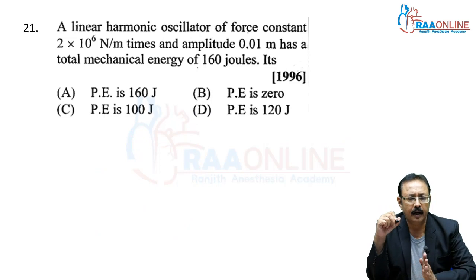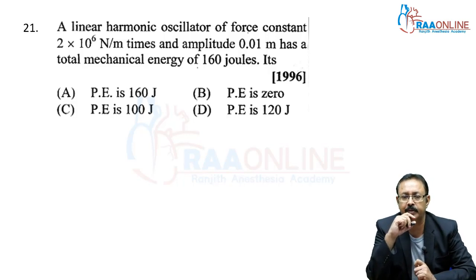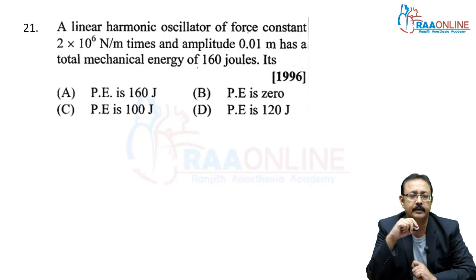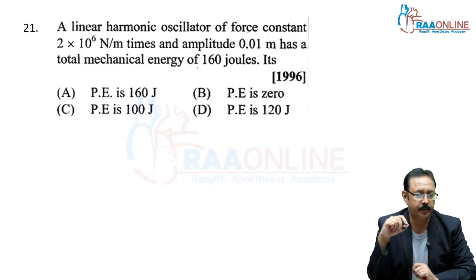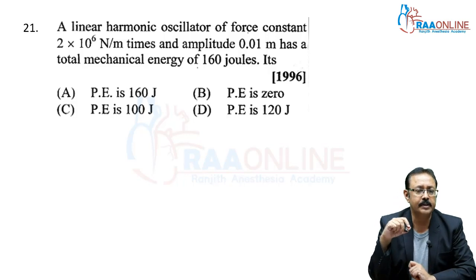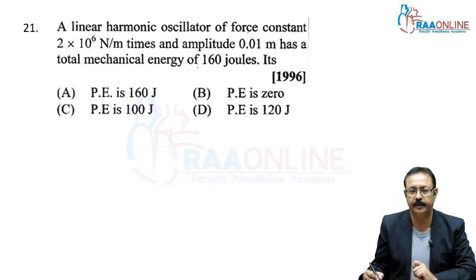Next, a linear harmonic oscillator of force constant 2 into 10 to the power 6 Newton per meter and amplitude 0.01 meter has a total mechanical energy of 160 joules. What should we do? What is the formula for potential energy?